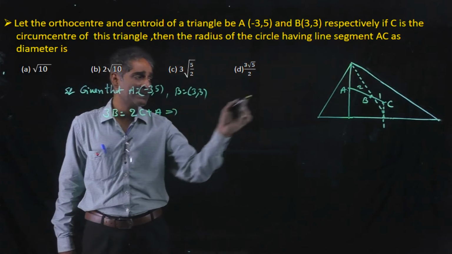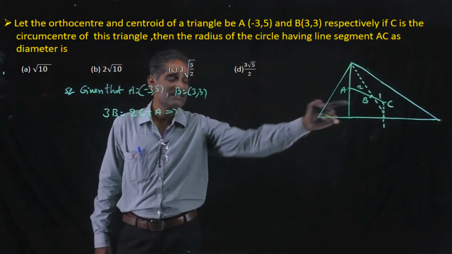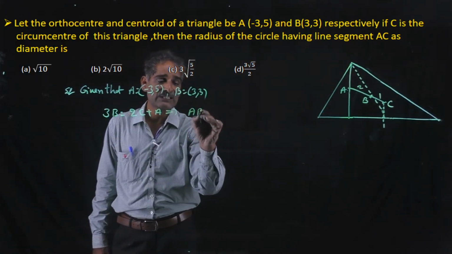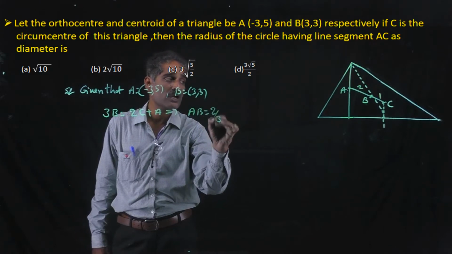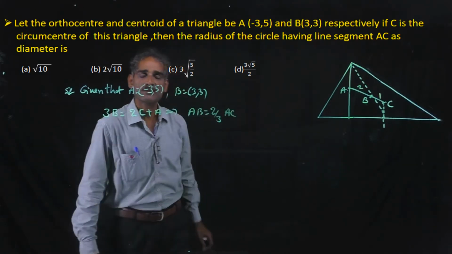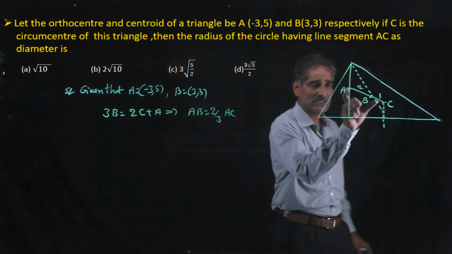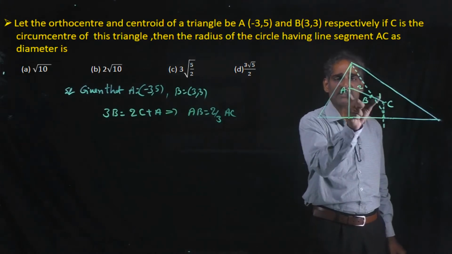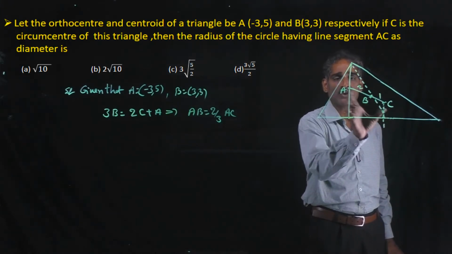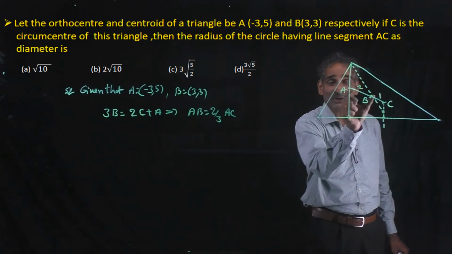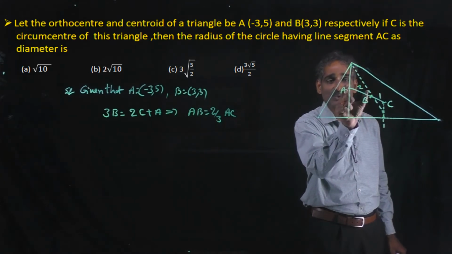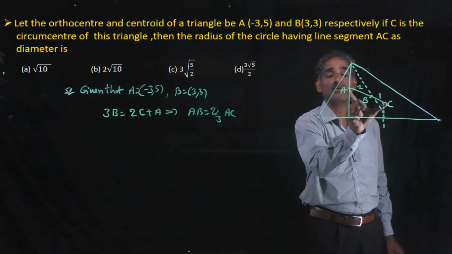We can write, so B divides AC means AB length is equal to 2/3 of AC. Understand? The total length is AC. So B divides AC in the ratio 2:1. The total length is divided into 3 parts. This part means 2/3 of total length.